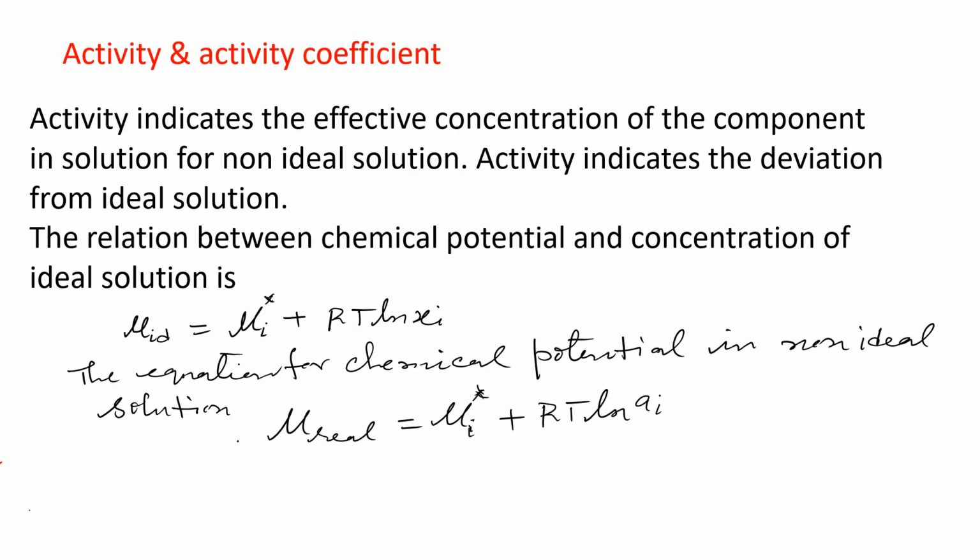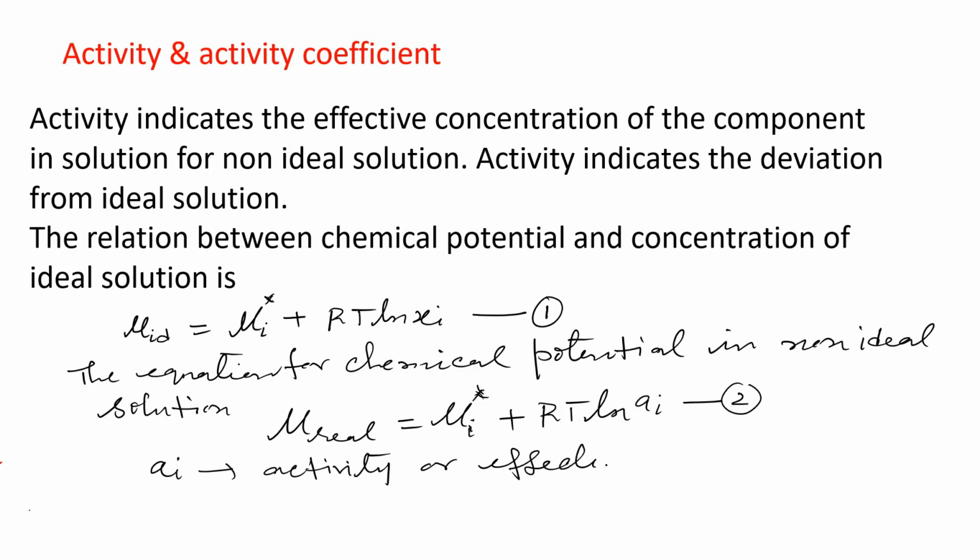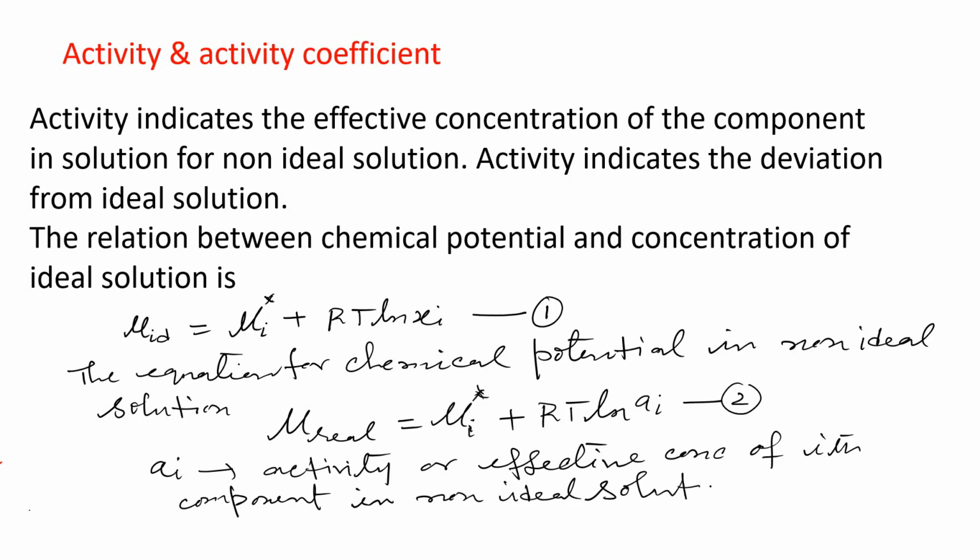Say this is my equation number 1 and this is my equation number 2, and my ai is the activity, or effective concentration, of the ith component in non-ideal solution.